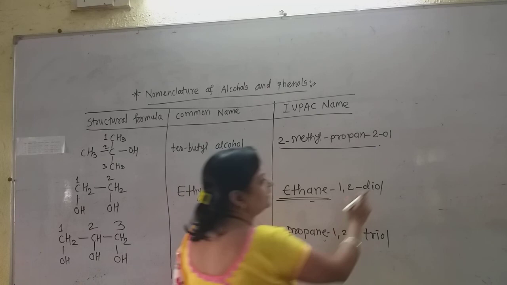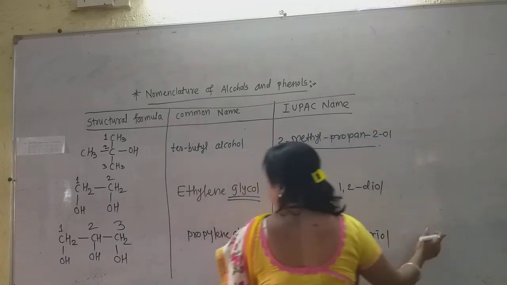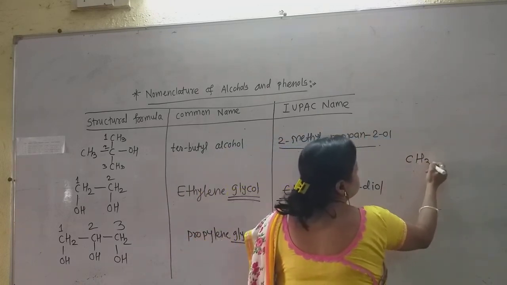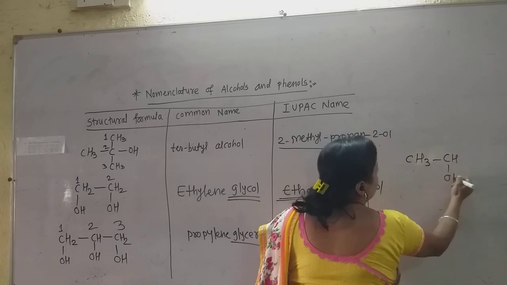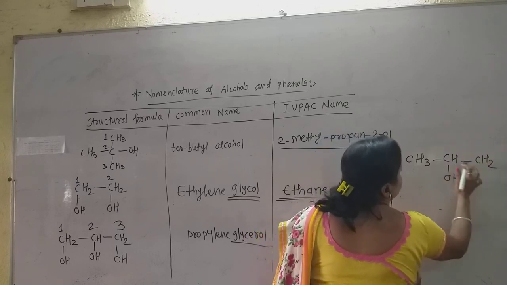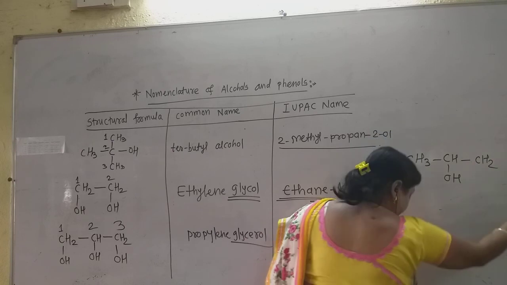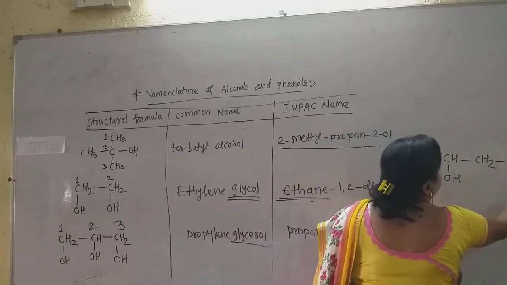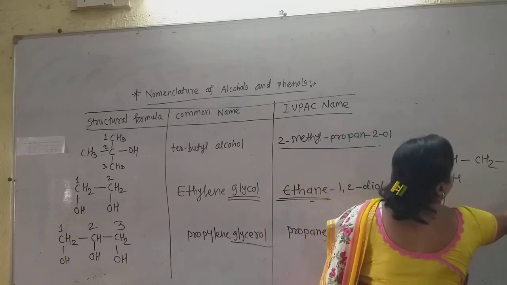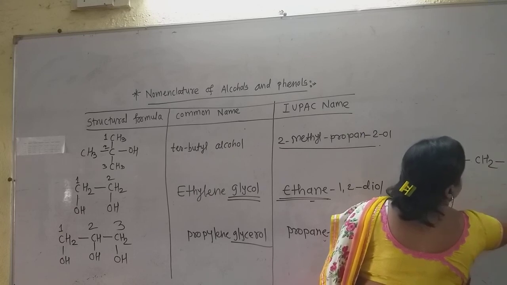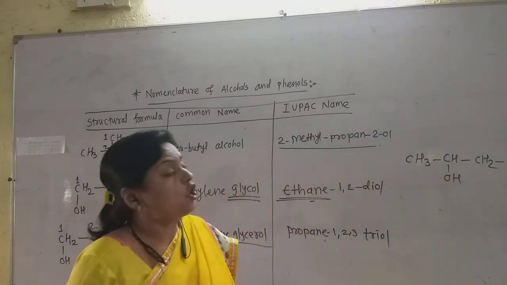For example, consider such a triol or such type of glycerol: CH3, CHOH, suppose here CH2 is there, and again there is CHOH and CH2OH.